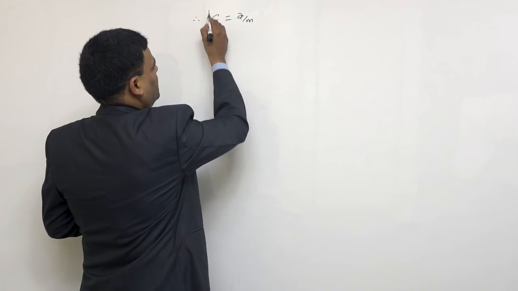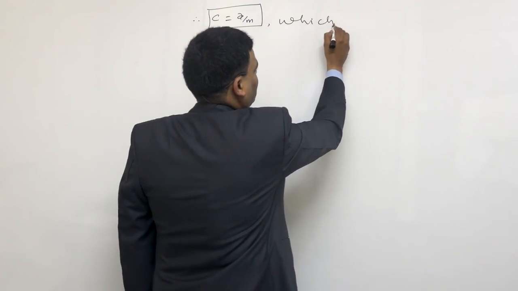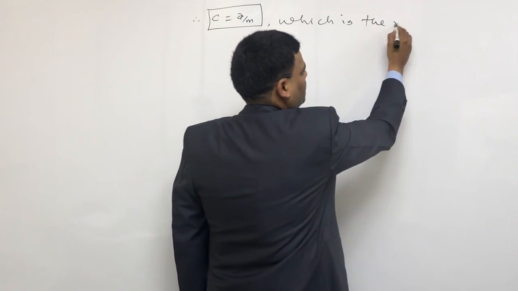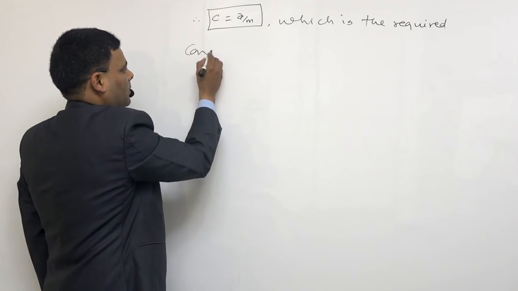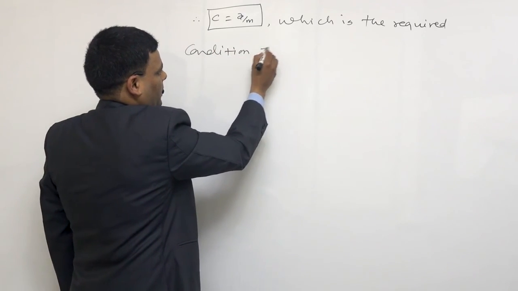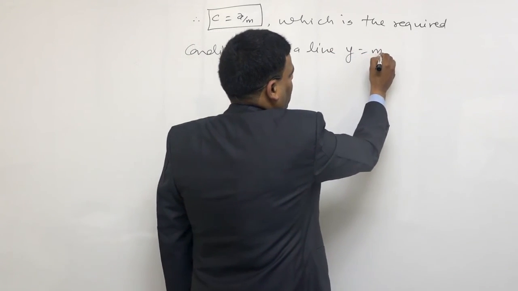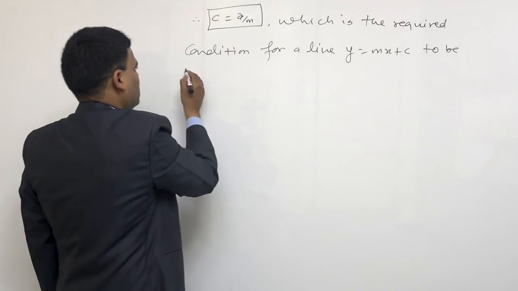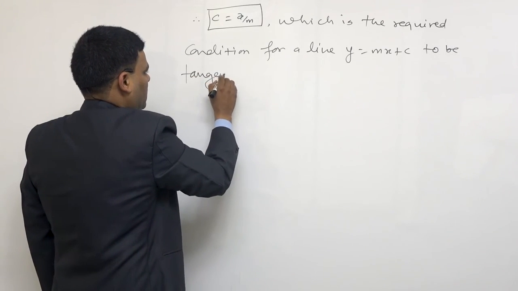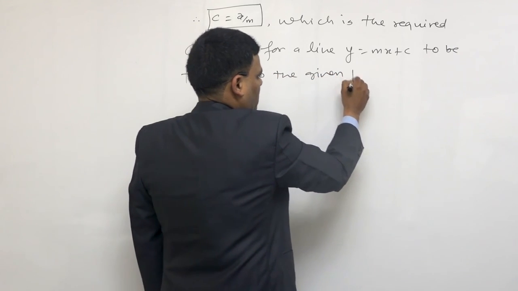Therefore c equals a by m, which is the required condition for a line y equals mx plus c to be tangent to the given parabola.